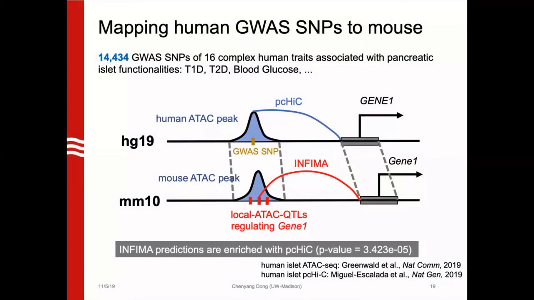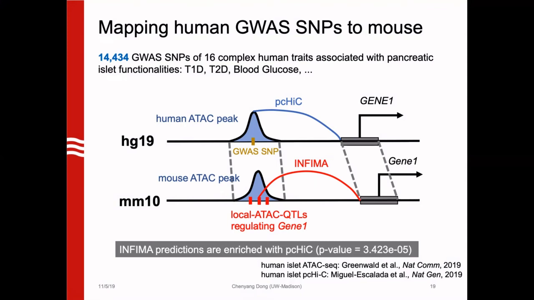And this is a simplified version of the mapping scheme. We have more than 14,000 GWAS SNPs of 16 complex human traits associated with pancreatic islet functionalities, like type 1 diabetes, type 2 diabetes, blood glucose, and so on.